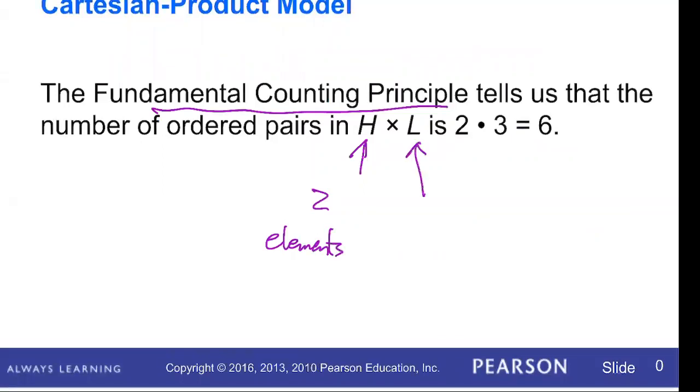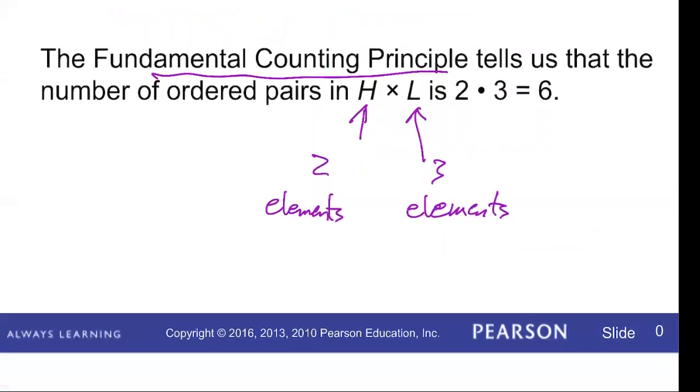There were 6 in here. Wait, sorry, I jumped to the answer. There's 3 elements there. And the fundamental counting principle says you take the number of elements here and here. If you want to put them together, you have 2 times 3. You have 6 total elements.